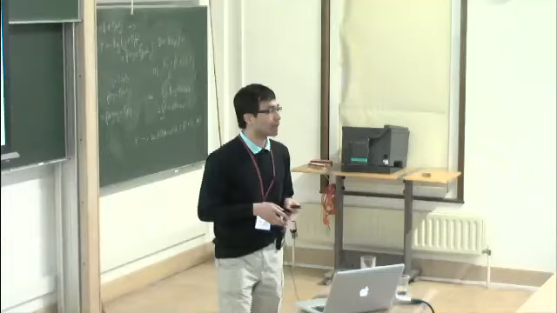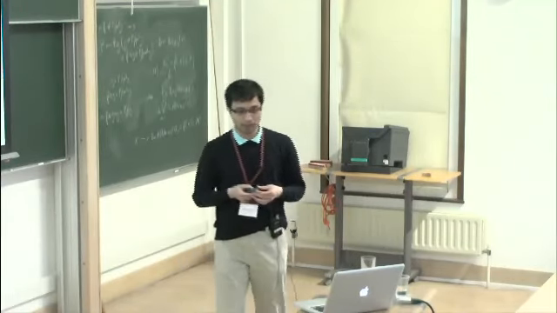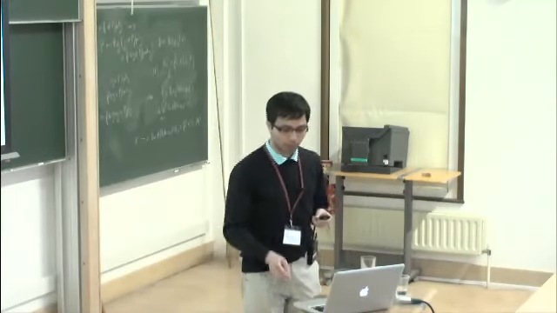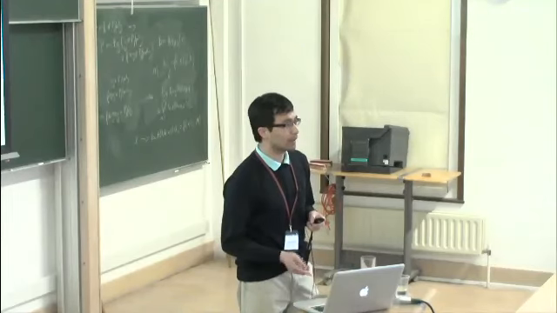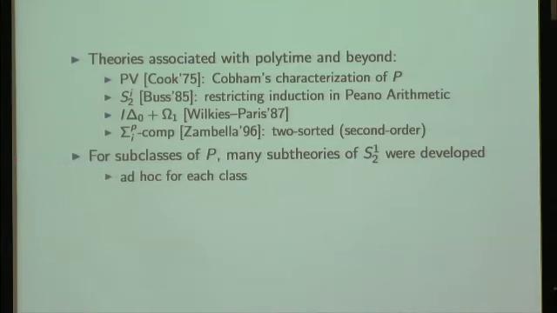For subclasses of polytime, many subtheories of S^1_2 were developed, but they were developed separately in an ad hoc way for each class, and in some cases they contain a very complicated set of axioms, and most of them are single-sorted theories. That means that to talk about strings, they have to use numbers.